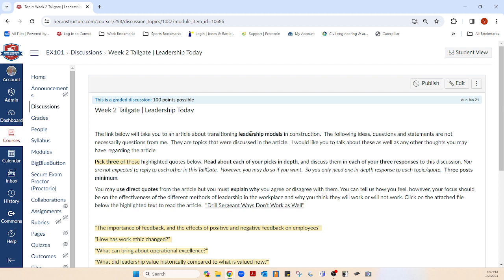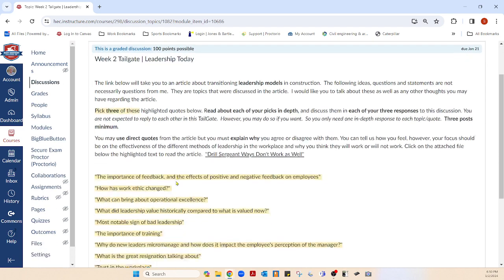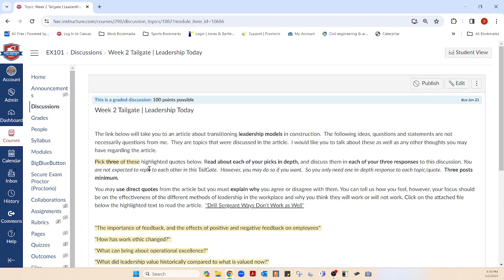So this guy talks about that. The ideas, questions, and statements down below are not necessarily questions from me. They're just things to think about and pull from the article and talk about. Pick 3 of these highlighted quotes right here. I've got them. Pick 3 of them because you have to have 3 posts in every tailgate. So pick out 3.